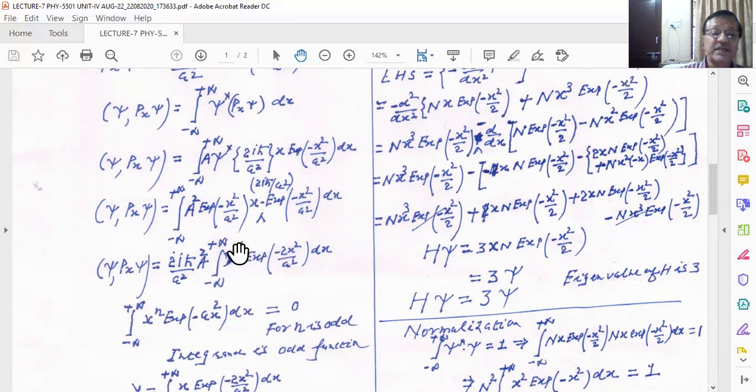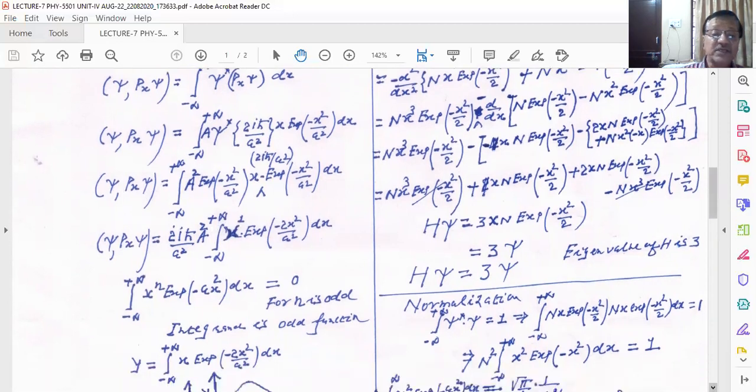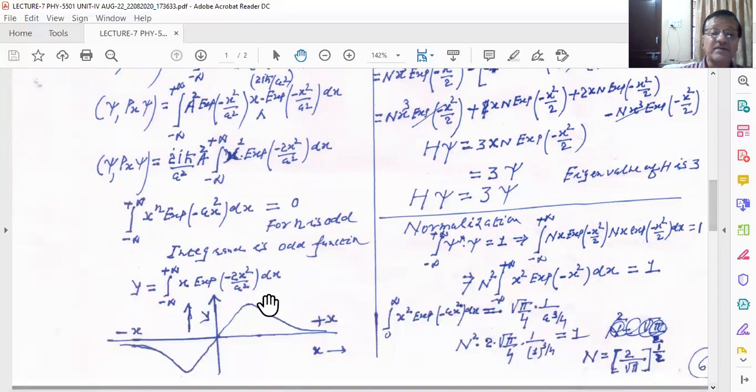Here you see this integration is carried from minus infinity, so your x is changing from minus infinity to plus infinity, and that is why you see your integrand changing here.